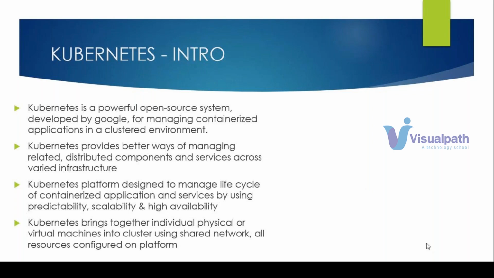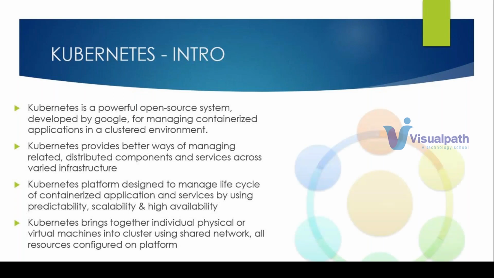A Kubernetes platform is designed to manage the lifecycle of containerized applications and services using predictability, scalability, and high availability. We will discuss the Kubernetes architecture in detail, but this is the most prominent feature of Kubernetes, where it takes care of most of the things automatically, and you need not intervene because API driven integrations are there.